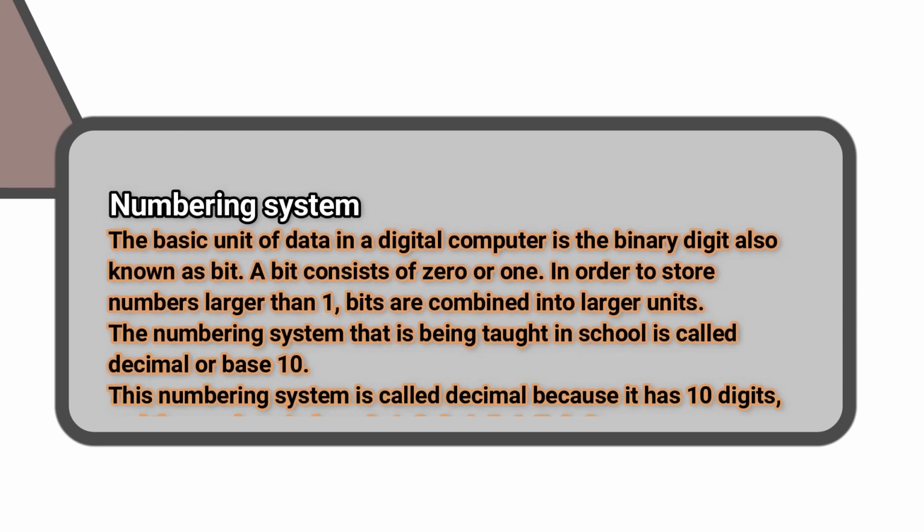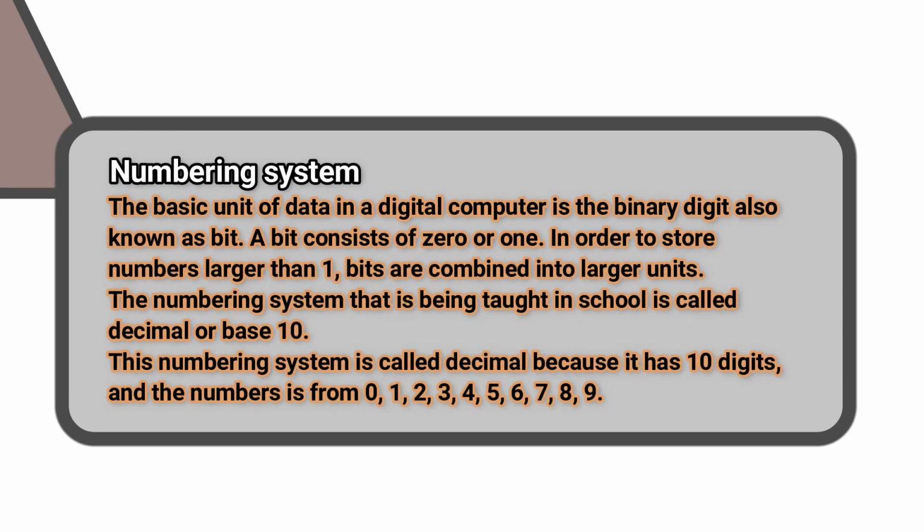The basic unit of data in a digital computer is a binary digit, also known as bits. A bit consists of 0 or 1. In order to store numbers larger than 1, bits are combined into larger units. The numbering system that is being taught in school is called decimal or base 10.